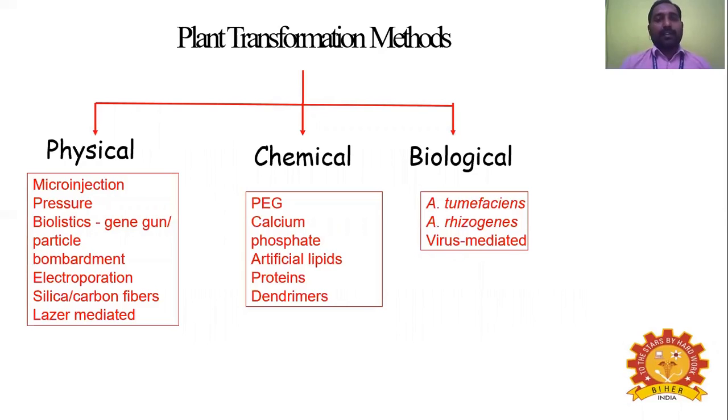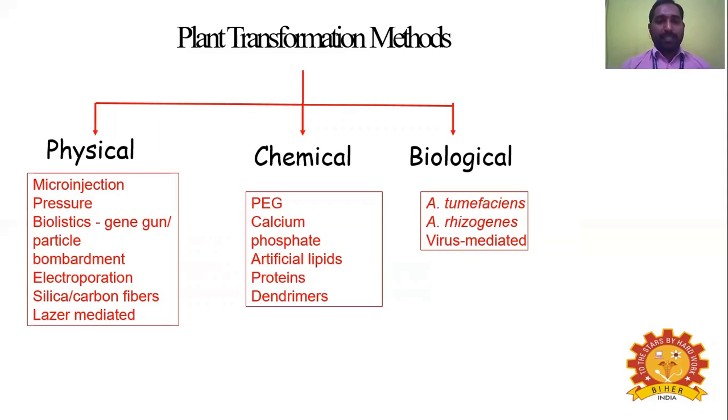Here we have general information about the methods used for plant transformation. They are categorized into three types: physical, chemical, and biological. The physical methods include microinjection, pressure, biolistic or gene gun particle bombardment, electroporation, silica carbon fibers, and laser mediated gene transfer.